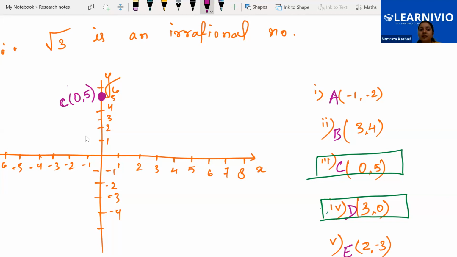Can you see the cursor? Yes, ma'am. This is point C, where X is nothing, that means 0, and Y is 5. We have taken 5 on the y-axis, and be careful: we have taken it upside, not downside.